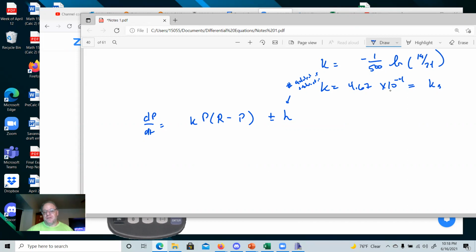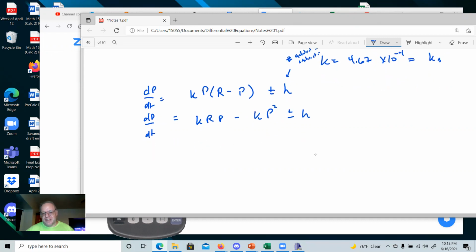What would this look like? Well, this would look like KRP minus KP squared plus or minus H is equal to dP dt. But let me rearrange this. Let's call negative K equal to little a.